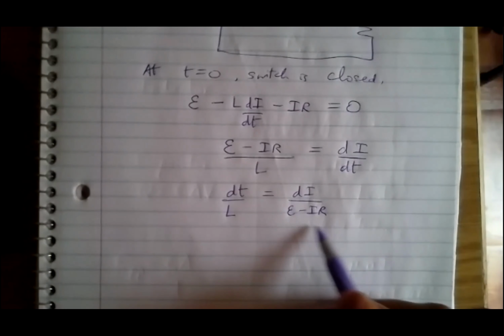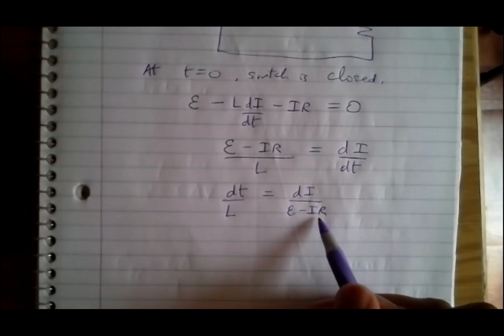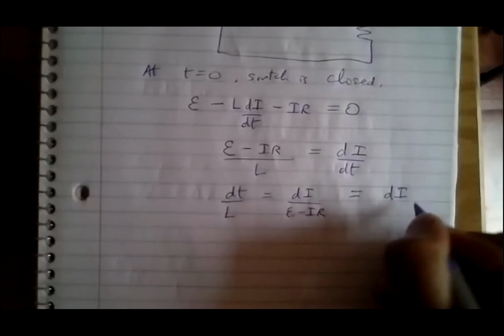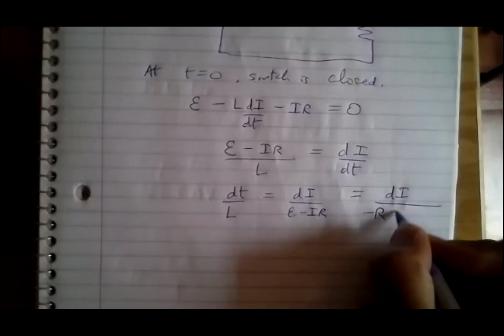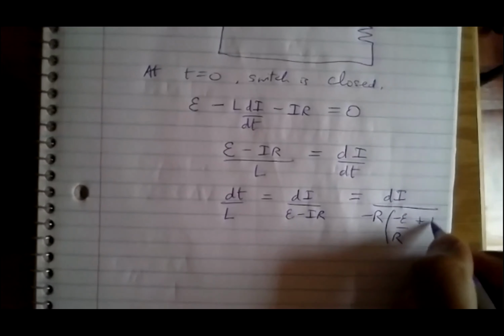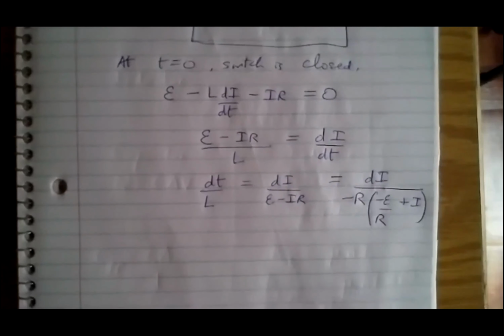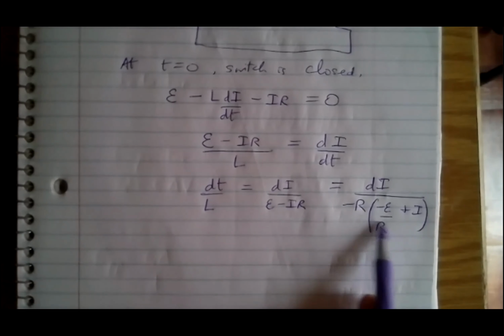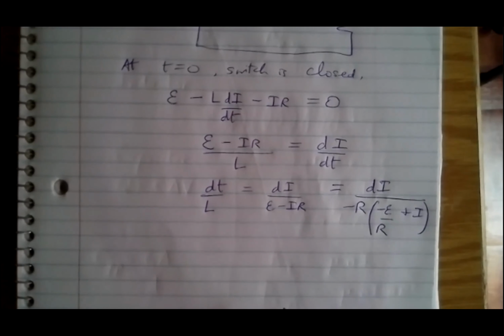But to make this side easier to integrate, I don't want it to be IR, I want it to be just I. So I'm going to pull out a factor of minus R. So I get di over minus R times minus E over R plus I. You can see that if I distribute this, it'll come back to this form.